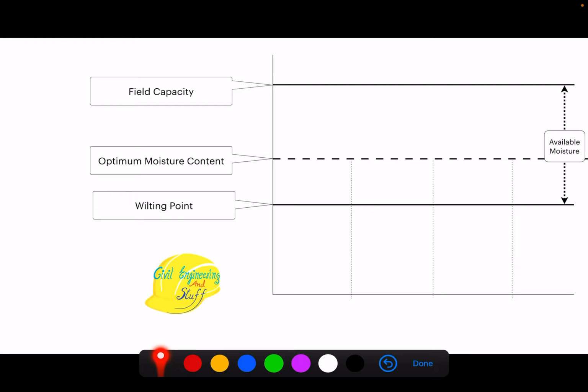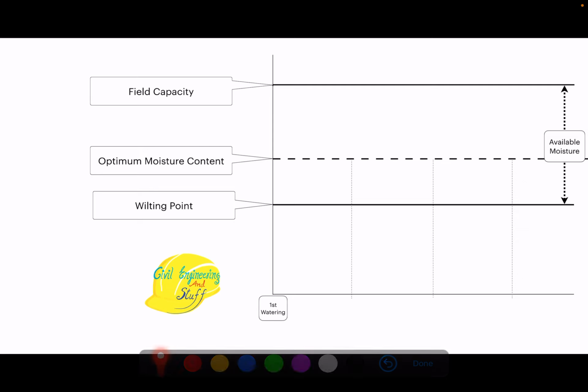And this was the first watering that was done. Now, at what interval should the second watering be done in the soil?